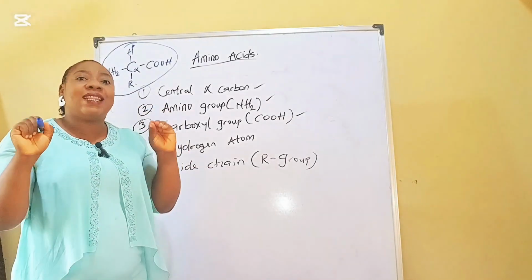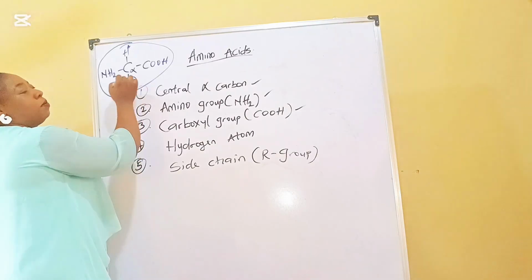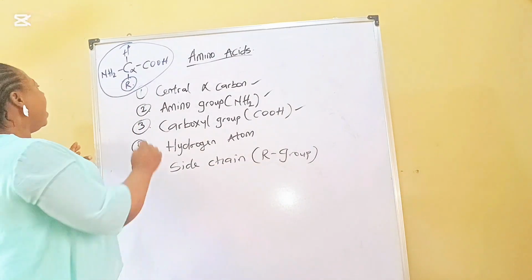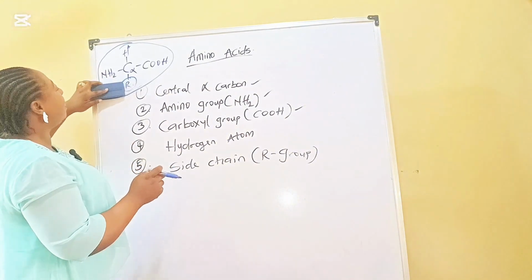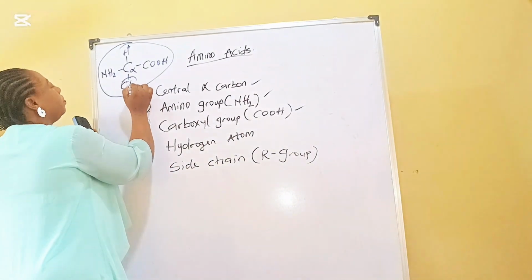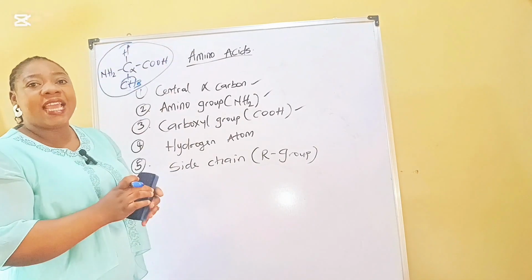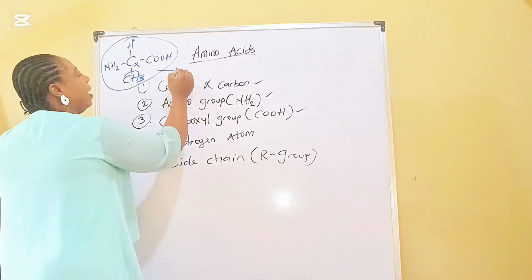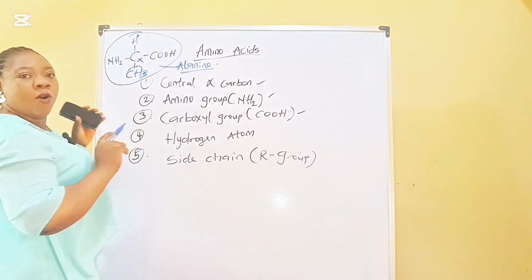The only thing that makes them differ from each other is this side chain. So if I remove this R and replace it with CH3, definitely this structure is now the structure of alanine, which is an example of an amino acid.